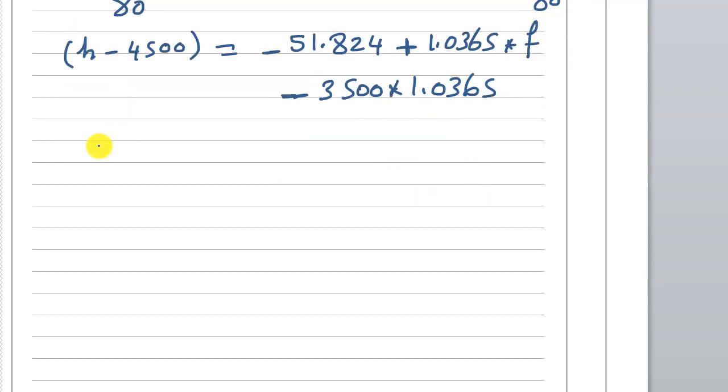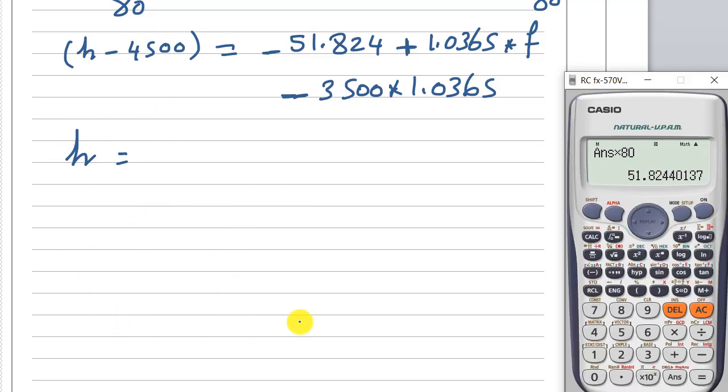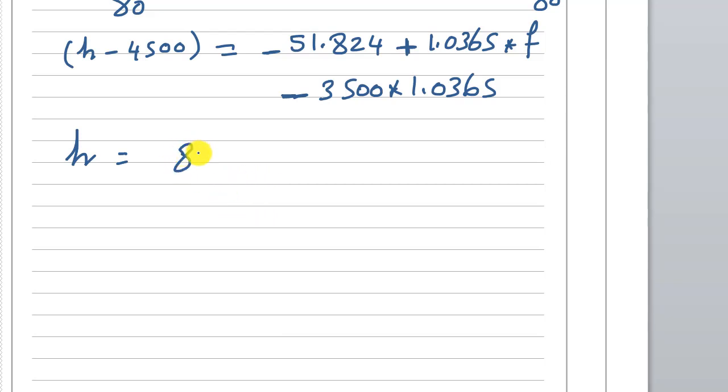So now let us find h. h is equal to minus 51.824 plus 4,500 minus 3,500 multiplied by 1.0365, which is 820.43, plus 1.0365 f.